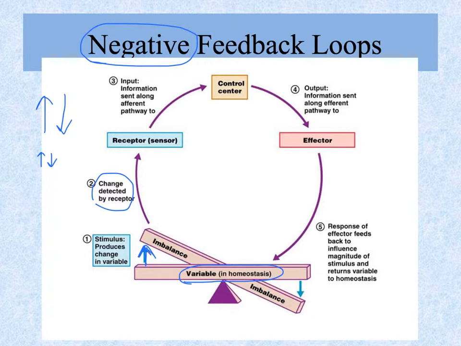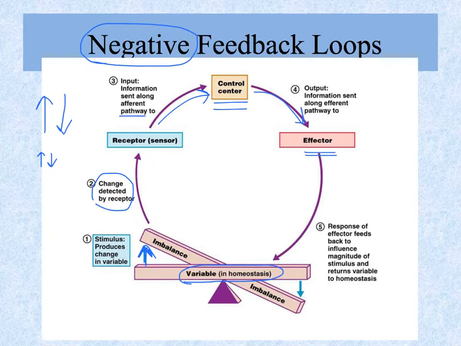There's too much acid floating around in your blood, so that sensor sends information along a pathway to the control center, generally in your brain, and it has a response hardwired in that if this sensor information comes in, this output goes along to the effector saying, make this change.